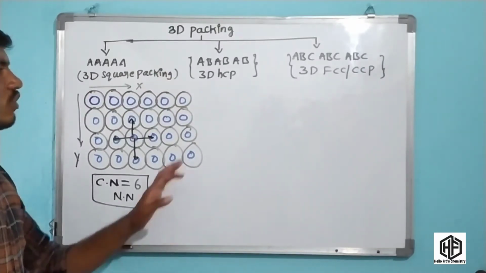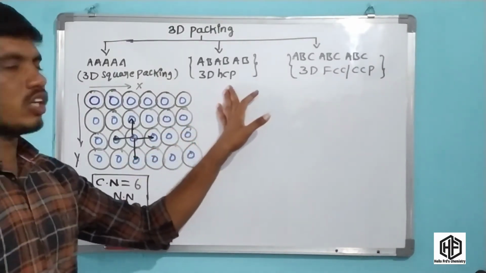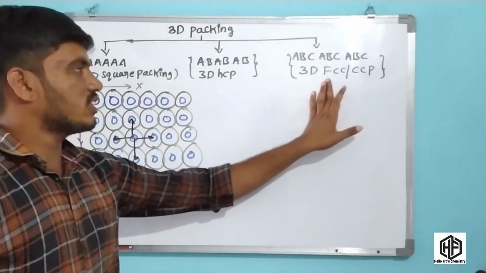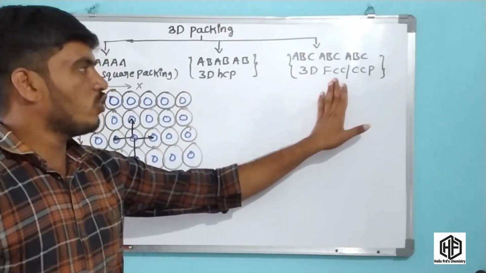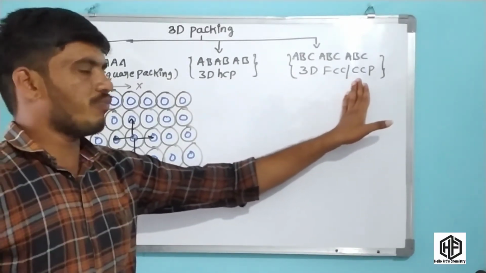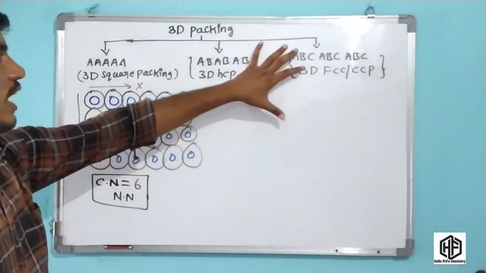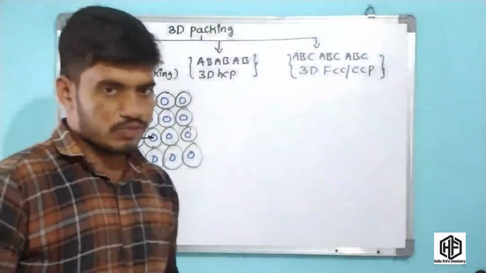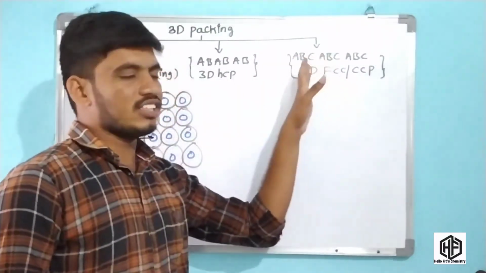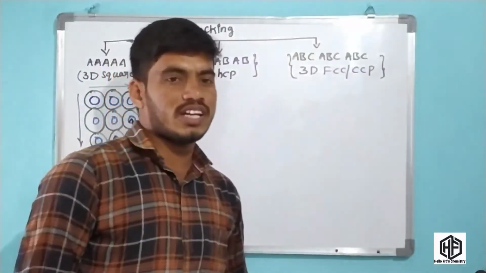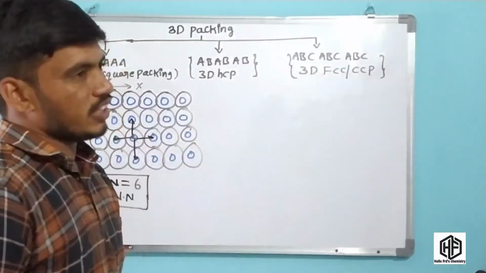And the next important ones are three dimensional hexagonal close packing and three dimensional face centered cubic close packing or cubic close packing. This is so important, friends. This diagram, this representation, is very difficult. Now one more important trick is present in this representation.